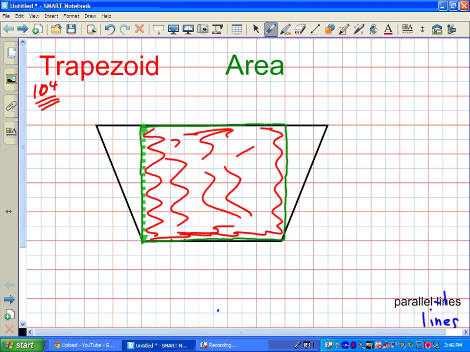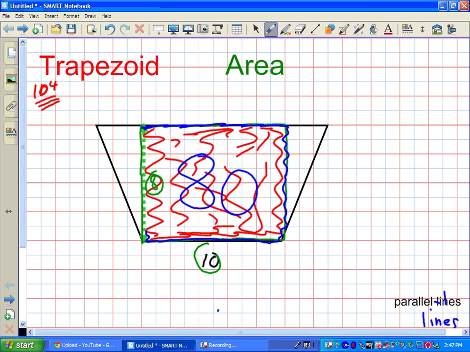And it's going to be pretty easy. Because we know that from here to here is 10. And we know that the height was 8. So that is an 8 by 10, which is a total of 80. So there's 80 in here. Let me just go to the outside. There's 80 squares in there.